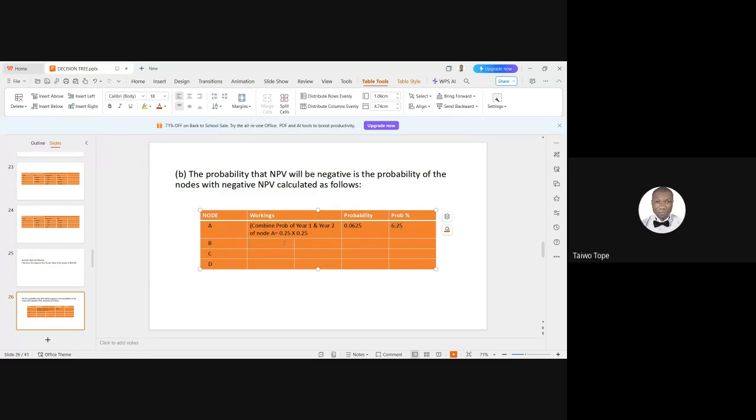For B, the combined probability will be 0.50 multiplied by 0.25.